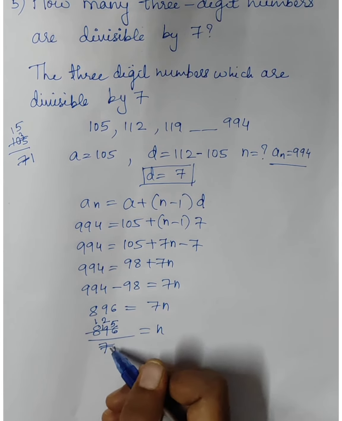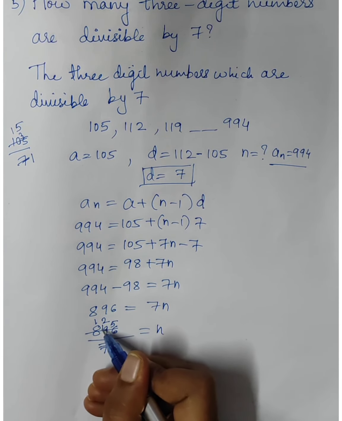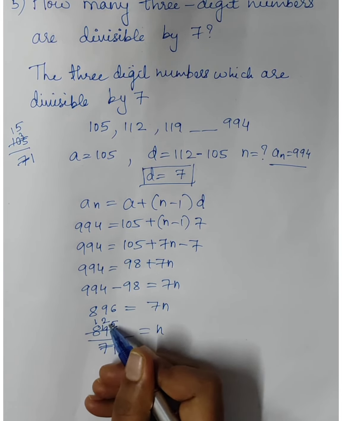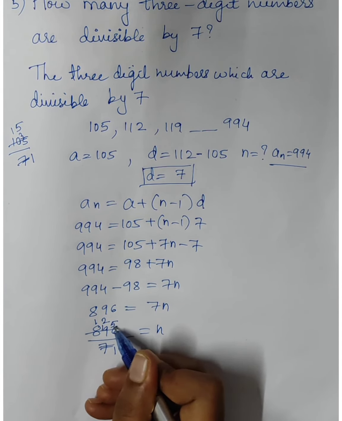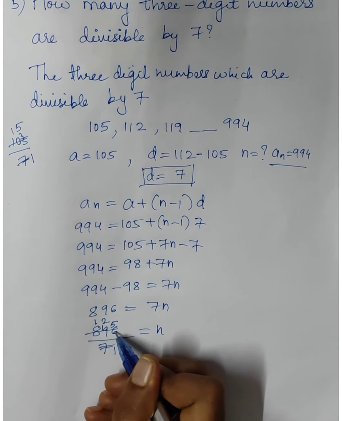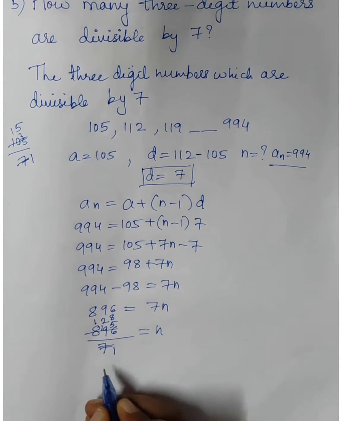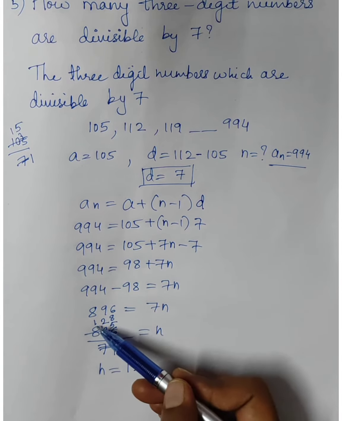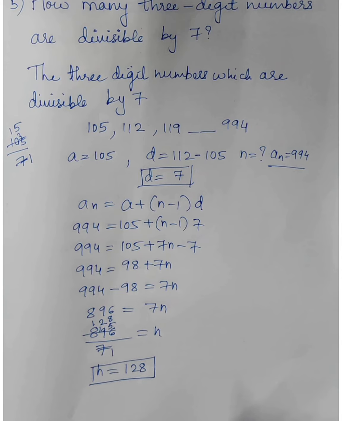Yes or no? See, it is 7 ones are 7. From 8 I am going to shift 1 here, because 1 is remaining. If you take 7 ones are 7, so it will become 19. So 7 2s is 14. So when you are taking 14, 5 remains. I am shifting here. So this is 56 now. So 7 8s are 56. Okay, so the value of N is what? It is 128. See here, what is remaining here? 128 is remaining. So N is equals to 128.